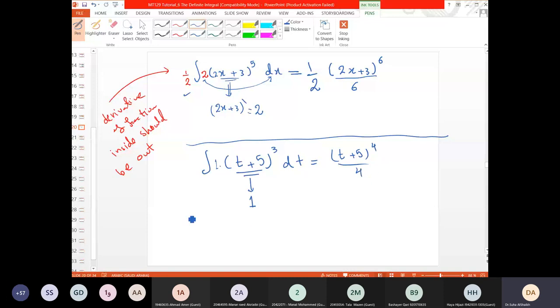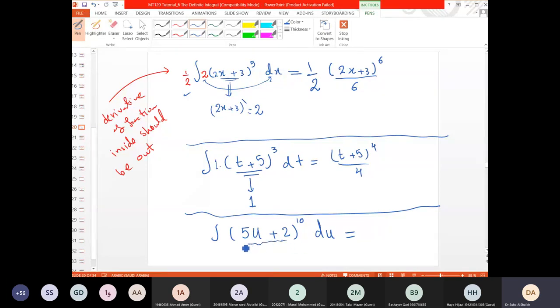Now what if we need to multiply in this case? For example, if I have the integration, let me call the function u this time, of 5u plus 2, and this is to the power 10 du. The integration is with respect to u. The function inside is what? 5u plus 2. What's the derivative of 5u plus 2? It's 5.